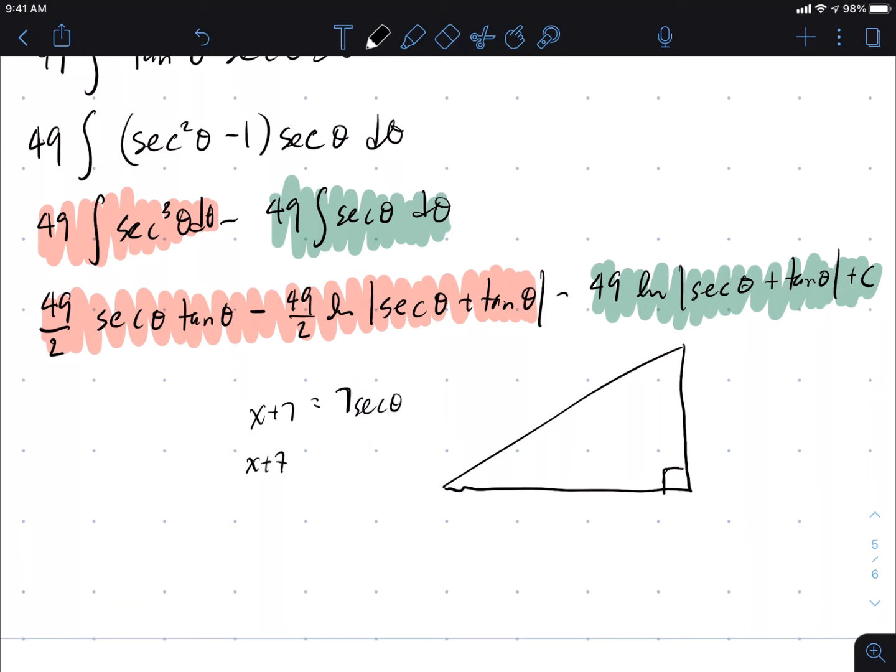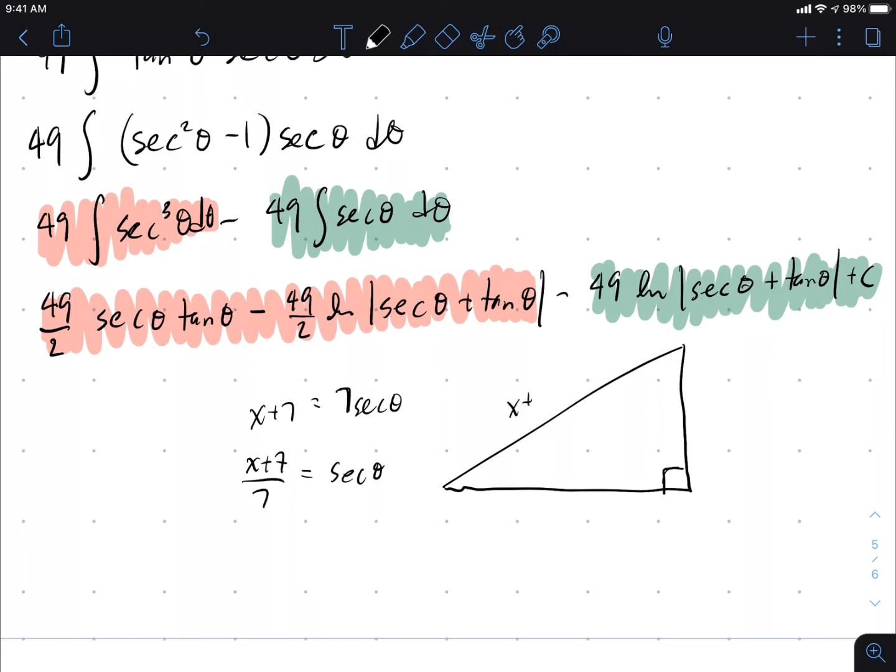So that is my secant theta. So secant, remember, is hypotenuse over adjacent, since cosine is adjacent over hypotenuse. Correct?